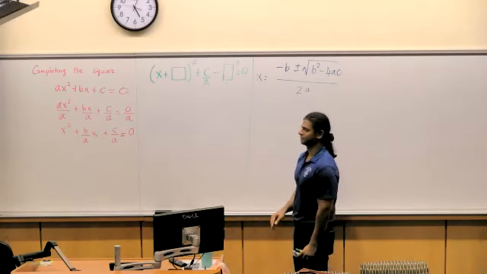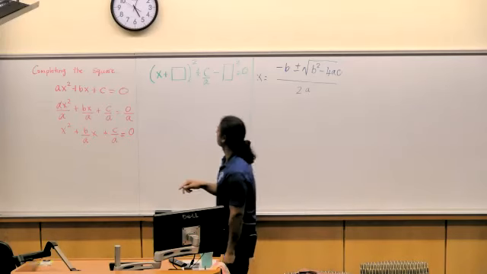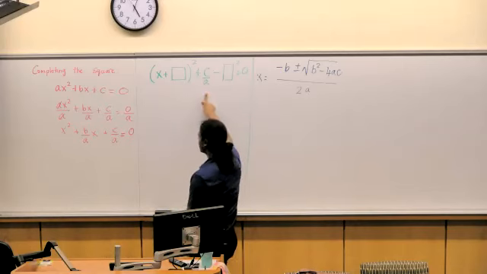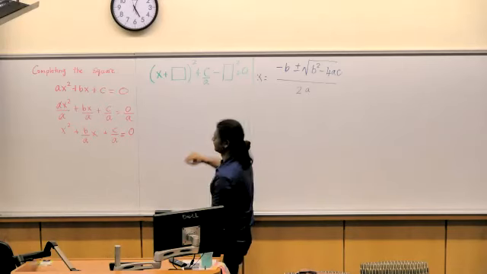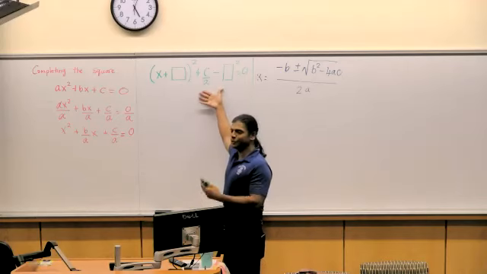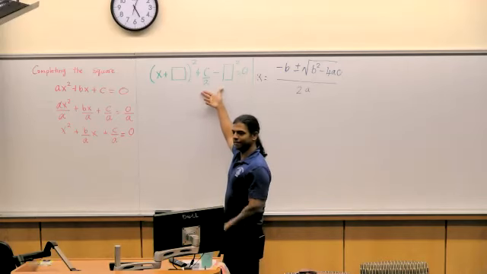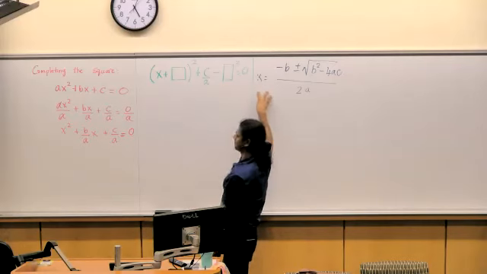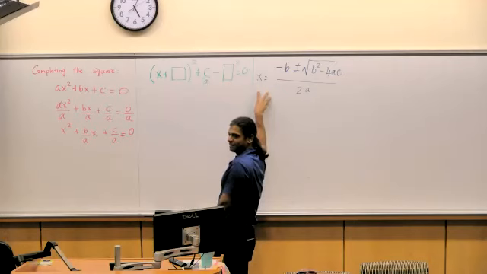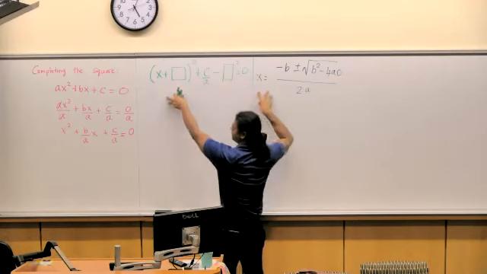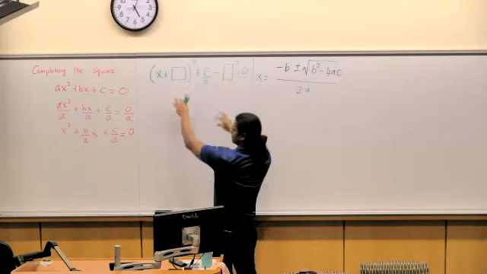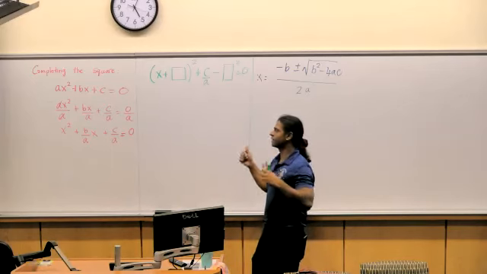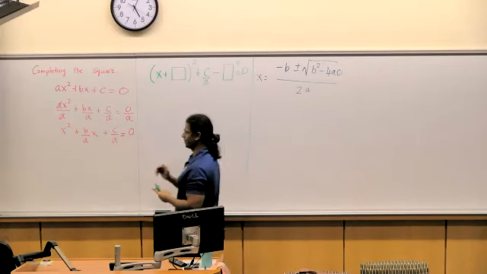So, x plus box squared plus c over a minus box squared. That would end up being a number. Do you agree? a is a number, b is a number, c is a number. When I move this to the other side, you will have a number, correct? Perfect square on one side, number on the other side, square root property. So what should go in the box?